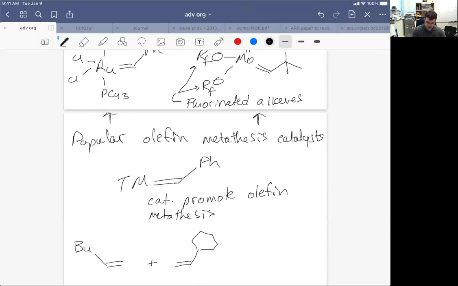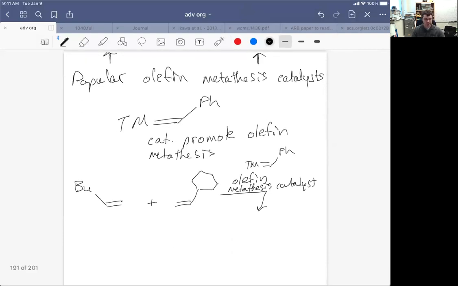And so what we can do with our olefin metathesis catalysts, which again is TM double bonded to some R group, I tend to draw the Grubbs catalyst more frequently.